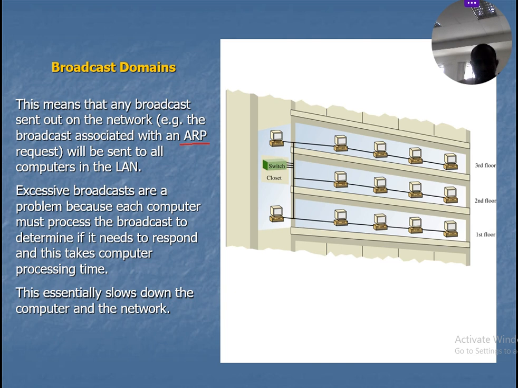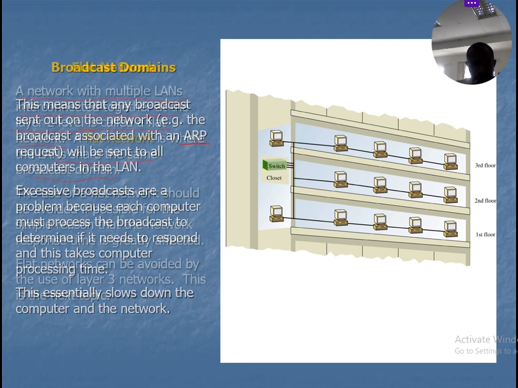So it is forwarded till the computer with the MAC address that owns that data says, okay, this is mine. Every time you are disturbed, your processing time is essentially slow. So it slows down the computers in the network. The big disadvantage, the big impact of this broadcast domain, is that it slows down the processing time of all the computers on a network.